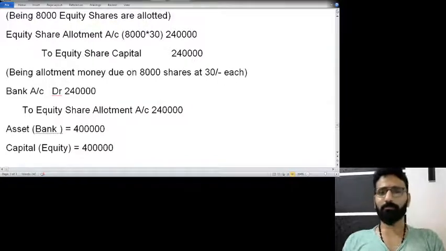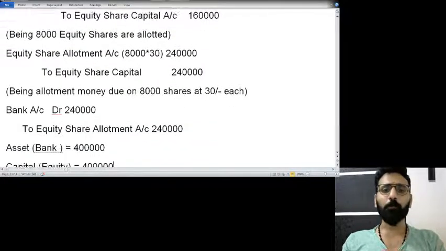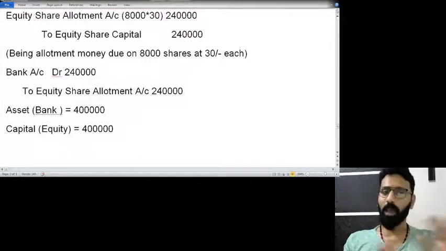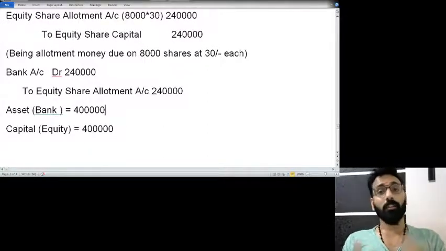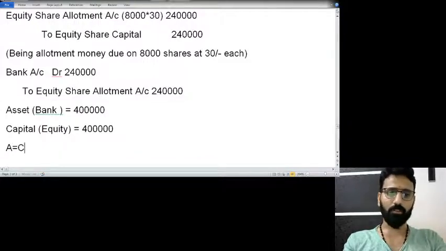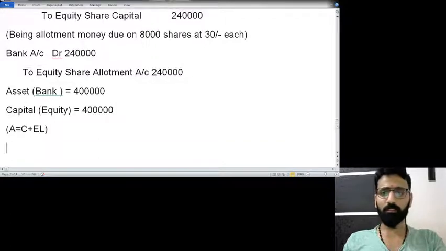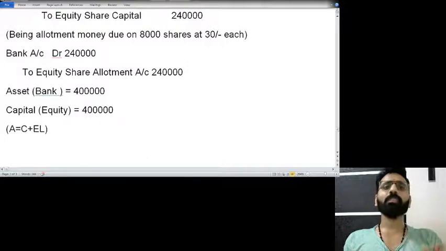Both the application and allotment were transferred to capital, making your asset 4 lakhs and your equity 4 lakhs. With this, your accounting equation assets equals capital plus external liabilities is again satisfied after this stage. So 2 stages and we proved accounting equation satisfied in the 2 stages.